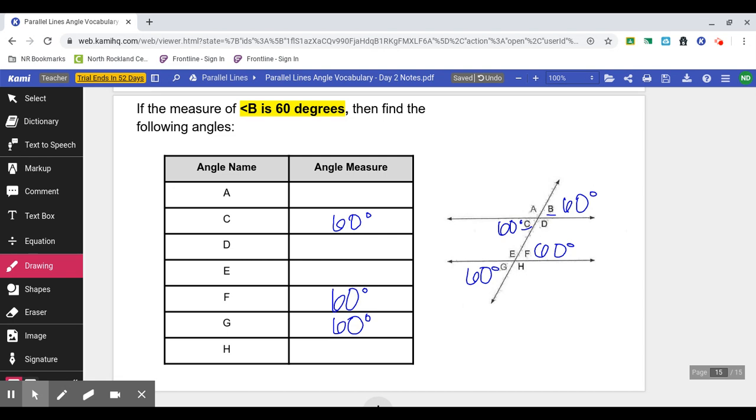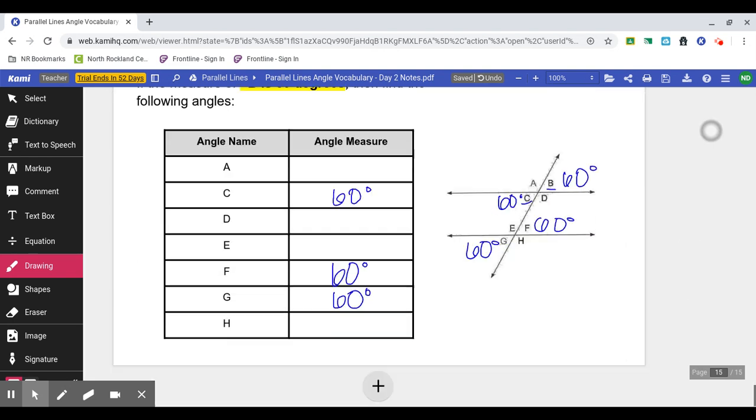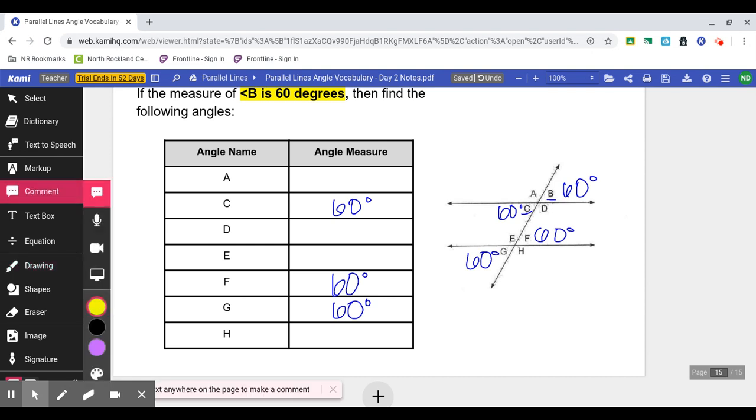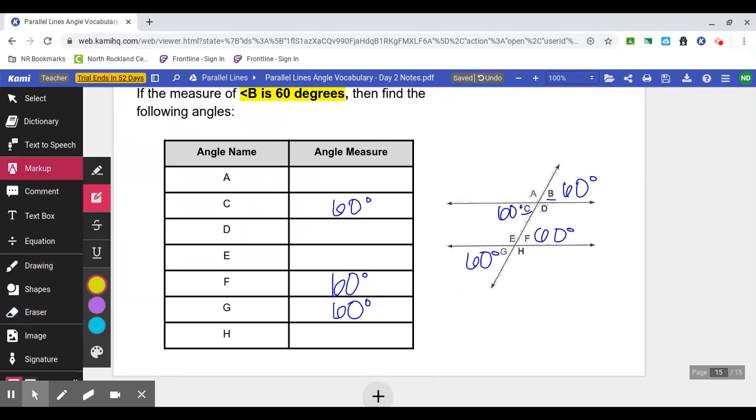Now you can find the measures of any other angles you would like at this point. I'm going to start with angle A. Last time we started with, which one was it? D. You could do that. Does not matter. But I know that angle A and B are supplementary angles, which means together they have to equal 180.